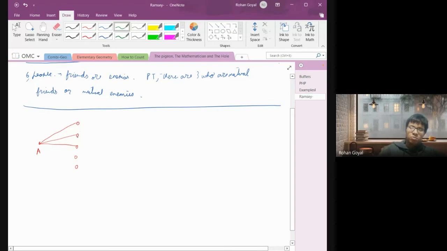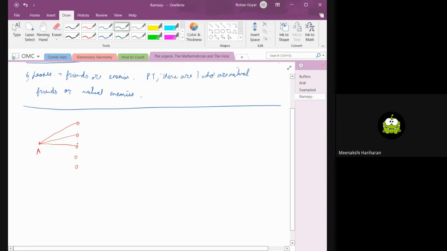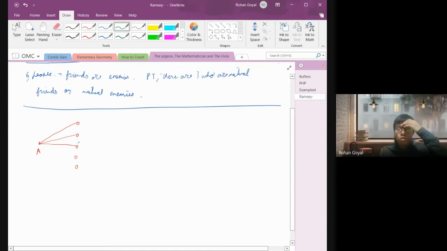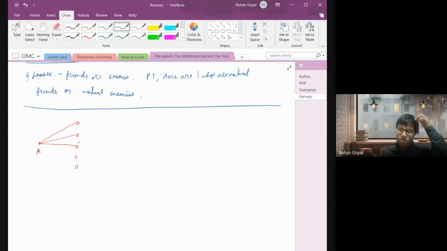Like A is an enemy to all 3 of these. Can these 2 be enemies now? No. Among those 3, there'll be 2 people in the same category mutually, like they're friends with one another, or they're enemies with one another.